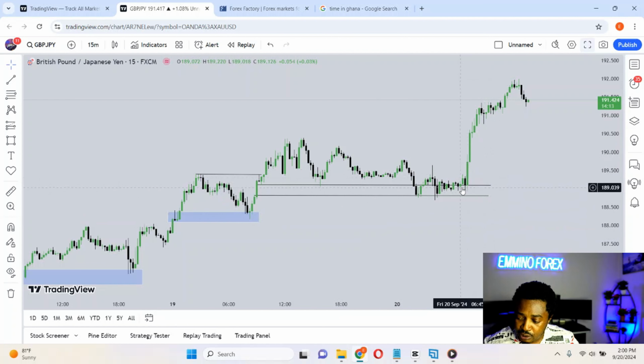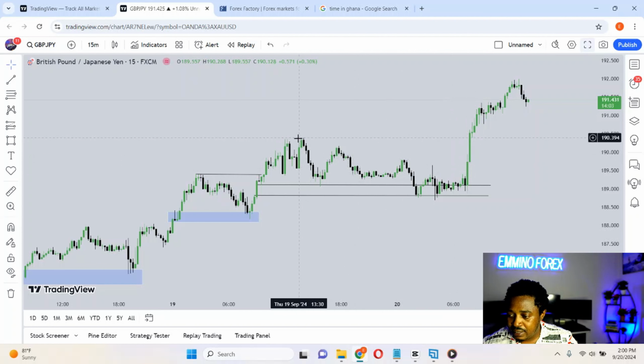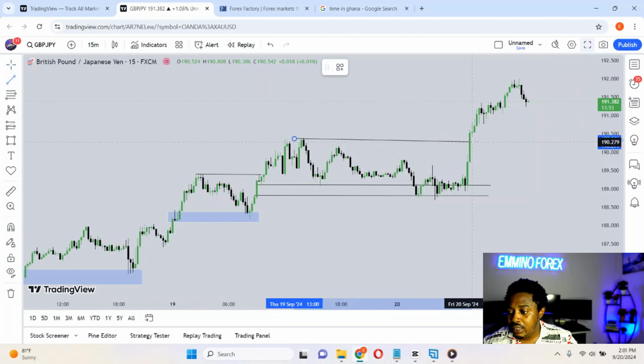When I saw this huge momentum candle, I entered my buy and sent the signal to my community. We're aiming at this buy side liquidity here, which will also be a break of structure. Price came and took out the buy side liquidity pretty quick, in less than 30 minutes.